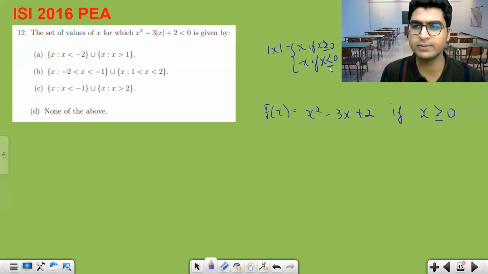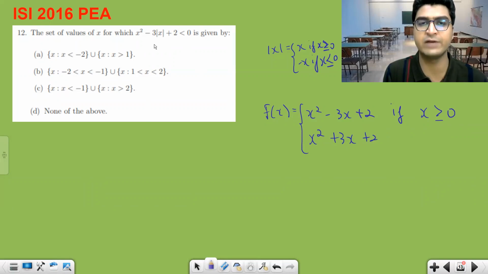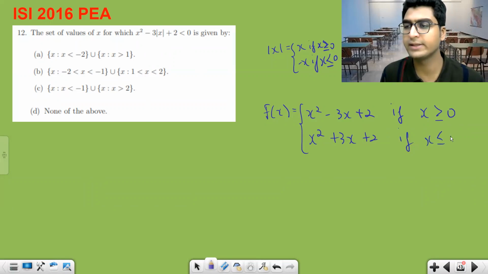Okay, that doesn't matter because 0 पर anyway 0 ही होगा, and it will be equal to x square plus 3x plus 2 because mod x यहाँ पर हो जाएगा minus x and it will finally become plus 3x if x is less than equal to 0.